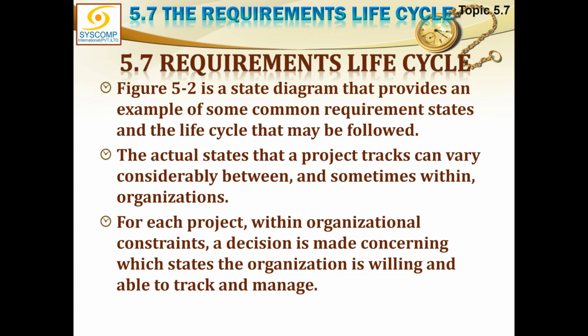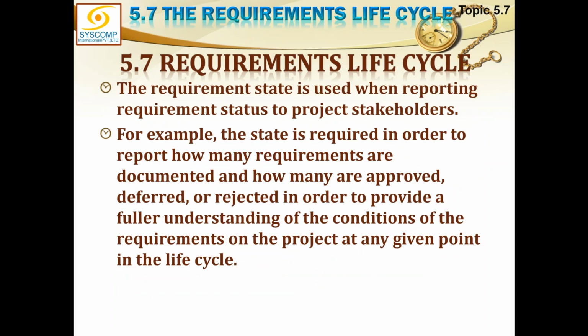Figure 5.2 is a state diagram coming next that provides an example of some common requirement states and the life cycle that may be followed. The actual states that a project tracks can vary considerably between and sometimes within organizations. For each project, within organizational constraints, a decision is made concerning which states the organization is willing and able to track and manage.